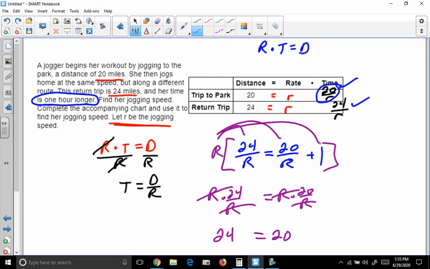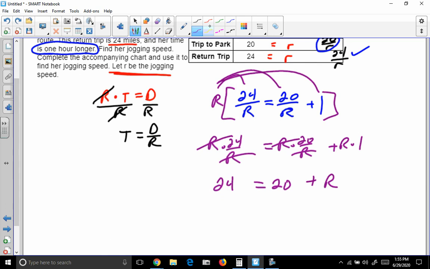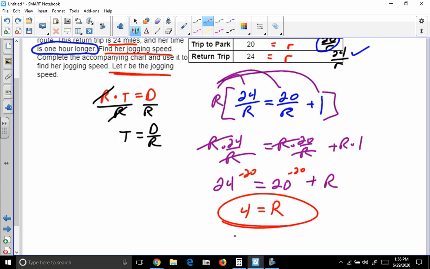And when we multiply the last term by r, we get r. Our equation doesn't have any fractions. Subtract 20 from both sides, and we've got r by itself. Find our jogging speed. So our jogging speed is 4 miles per hour.